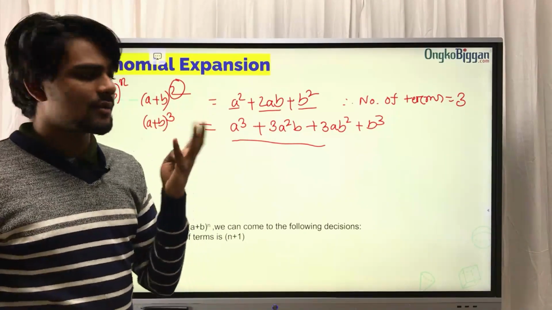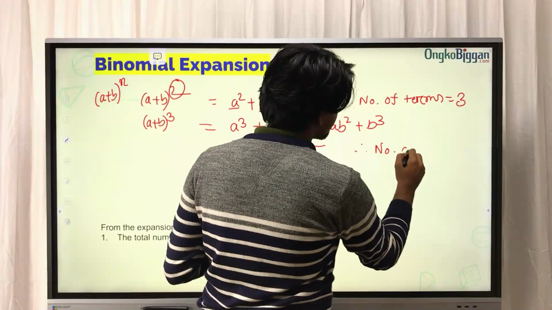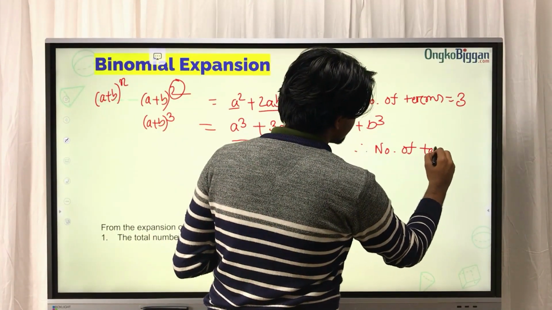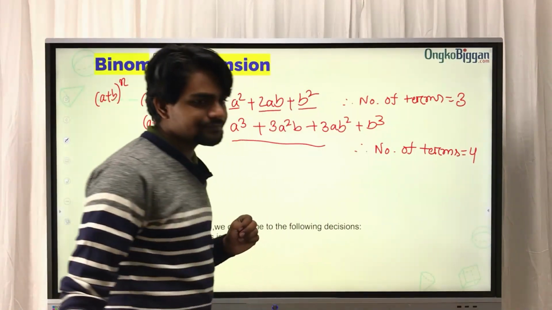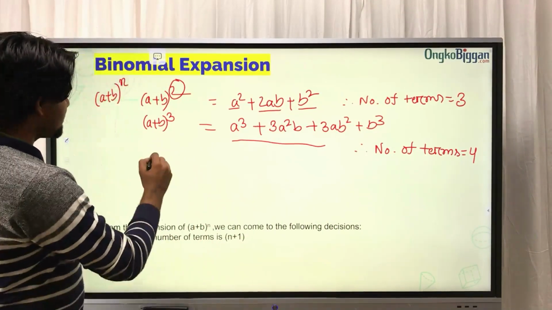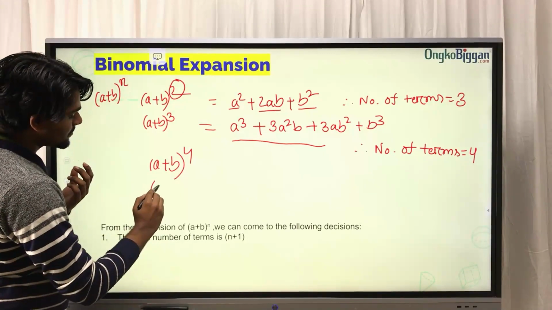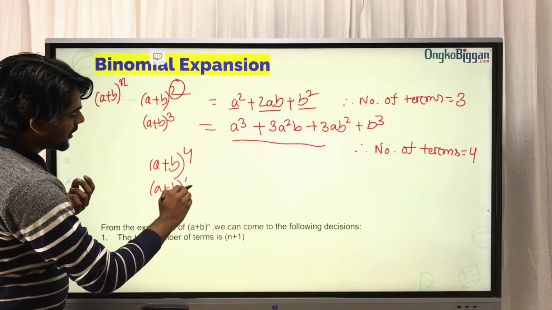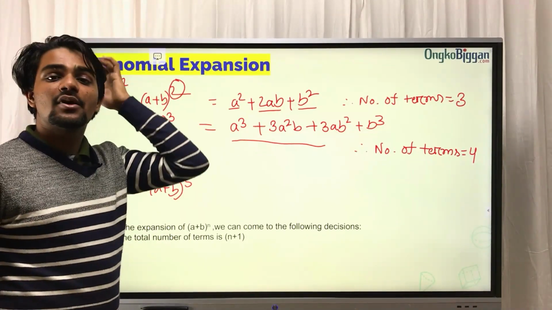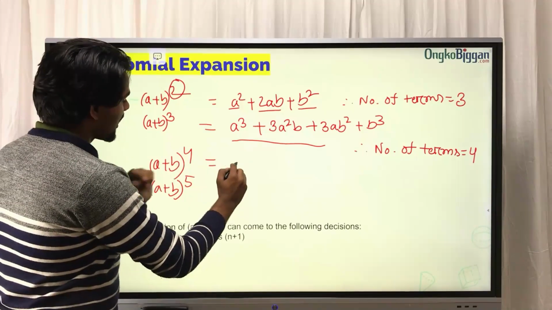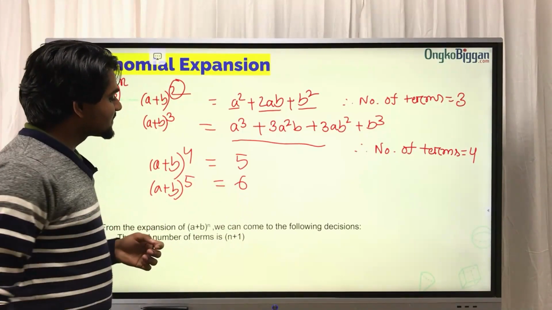So the number of terms is 4. Similarly, if we take a plus b to the power of 4 or a plus b to the power of 5, after expanding them we will get the number of terms equal to 5, and the number of terms equal to 6.